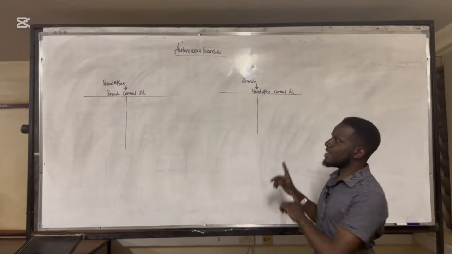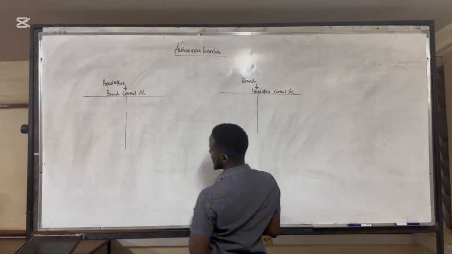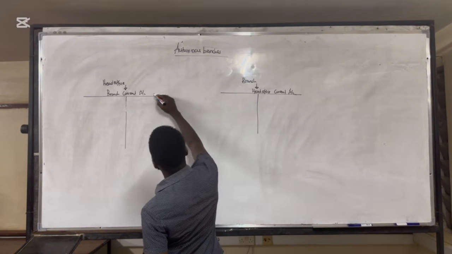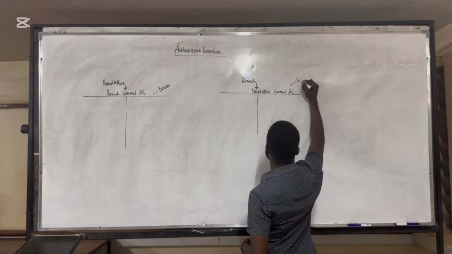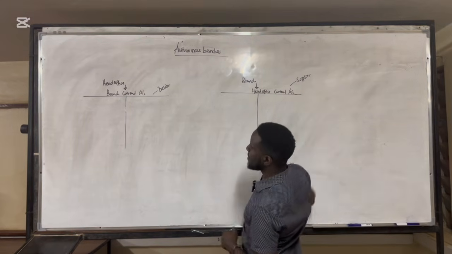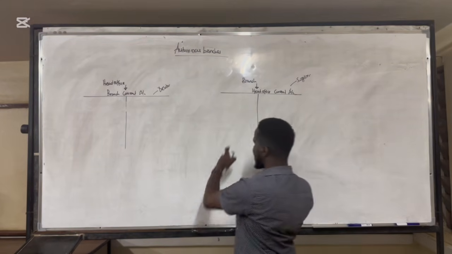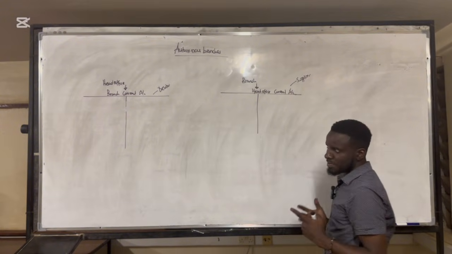Now, the relationship between these two accounts is that the branch current account is that of the debtor and supplier. So in simple terms, we are preparing the debtor's account and then the supplier's or creditor's account.